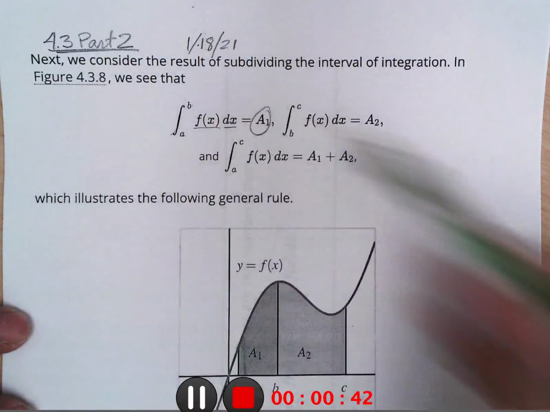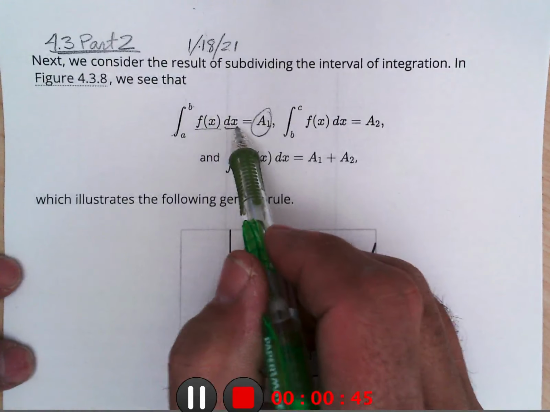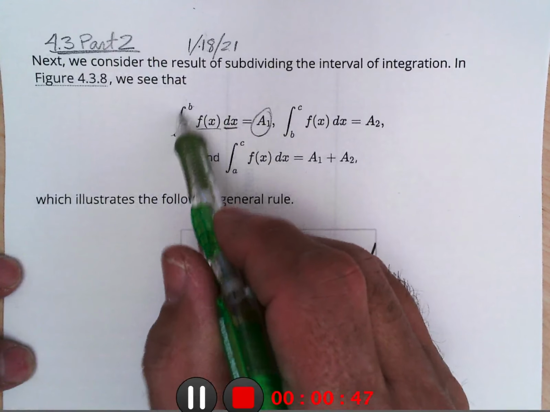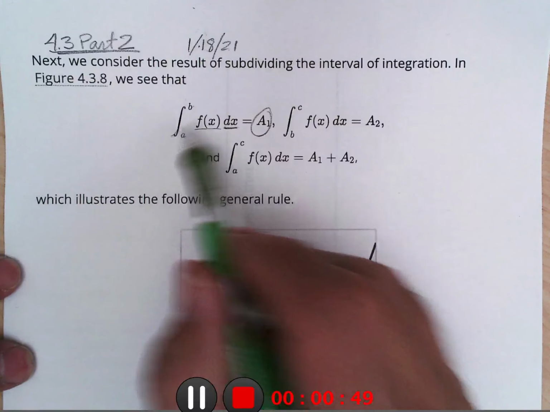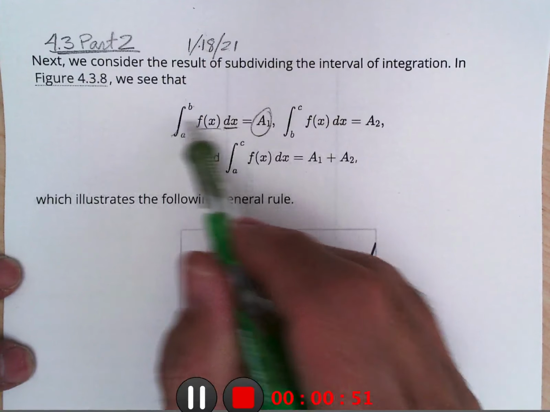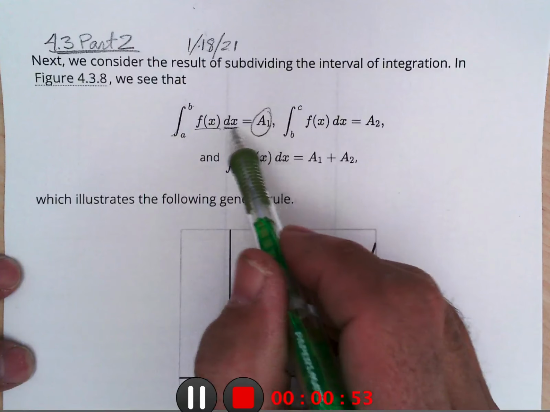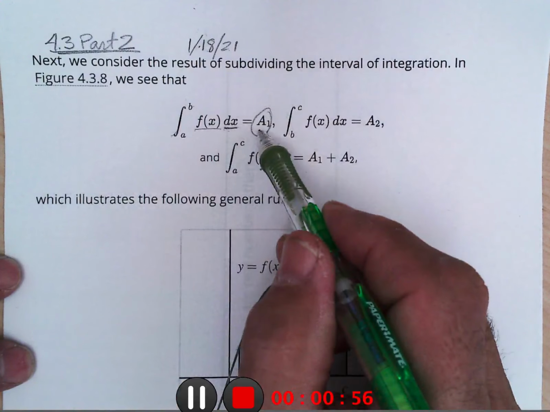If you do this infinitely small, that's what we do in the limit of our sums, and that's what this was about, the sums limit. So it makes it infinitely narrow times the height. That gives us the area under A1.